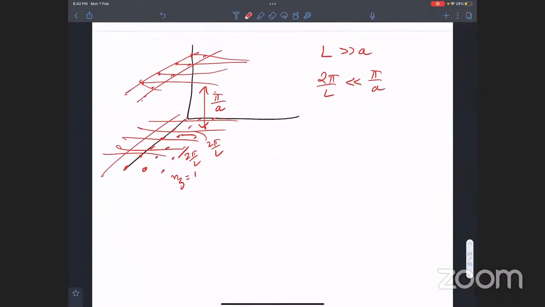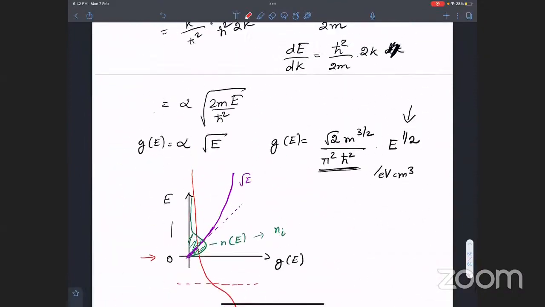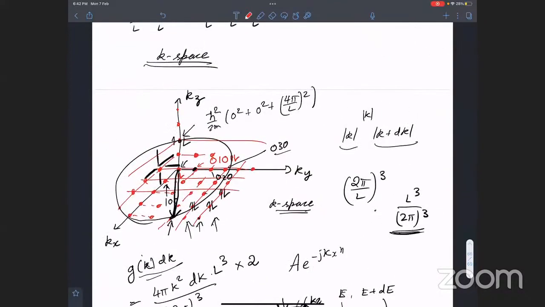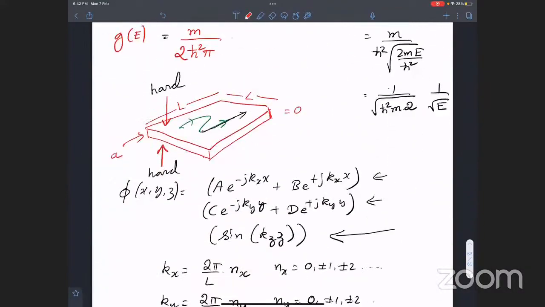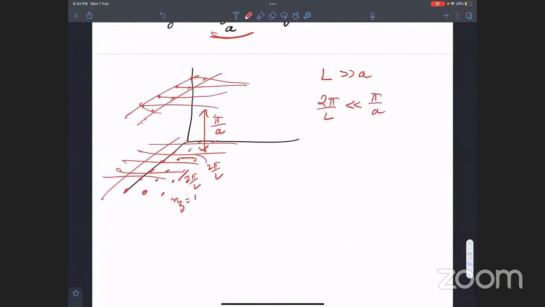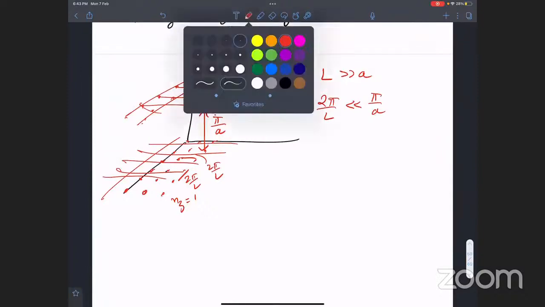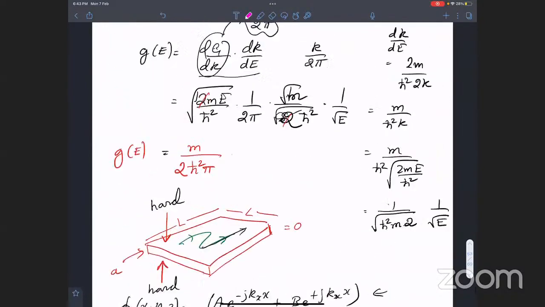So initially in the 3-dimension case, what was happening? I had a very nice grid like this. When I go to 2 dimensions with a very thin system, with extreme quantization in the z-axis, then imagine those sheets getting separated very widely. So now we know how to count the states in this particular sheet, that is given by this expression, right?